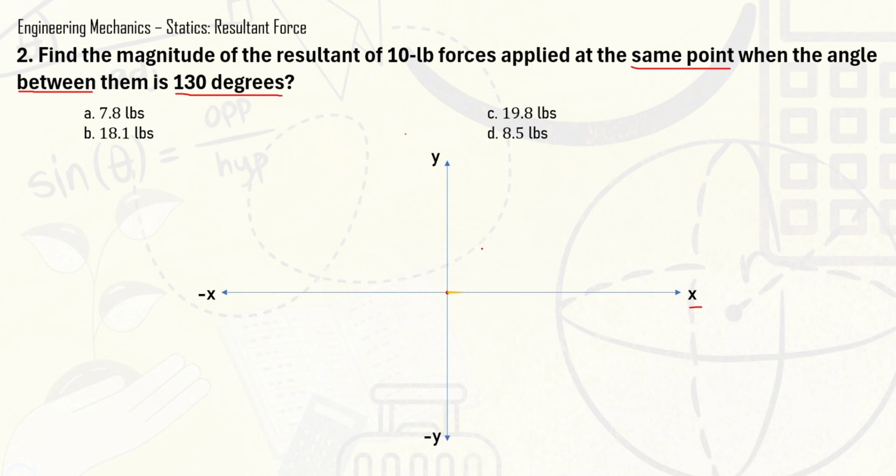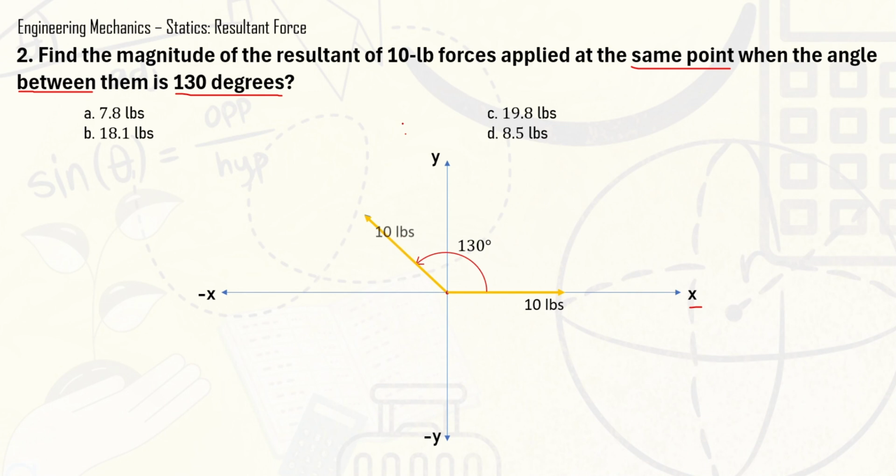Yung isang 10-pound force natin, let's draw it along the positive x-axis. That's our first force, 10 pounds. And let's assume na yung 130 degrees is nandyan. Diyan na natin ilalagay yung other 10-pound force.